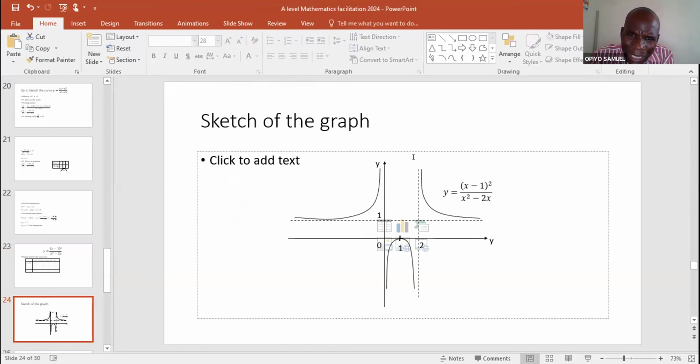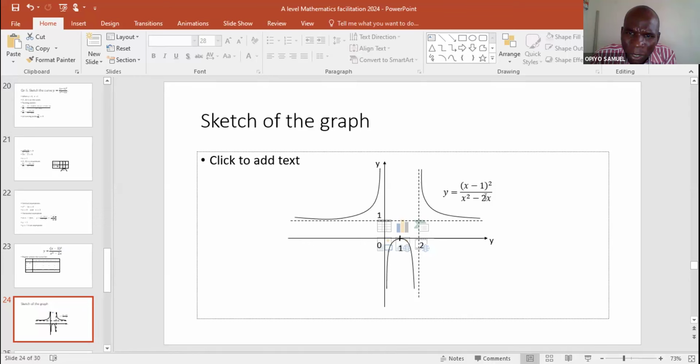If you find that it is cutting, then you need to revise your work. But for the case of a horizontal asymptote, sometimes the curve may cut. So that one you don't worry about. If it cuts the horizontal asymptote, that is fine. But for vertical, it will never.